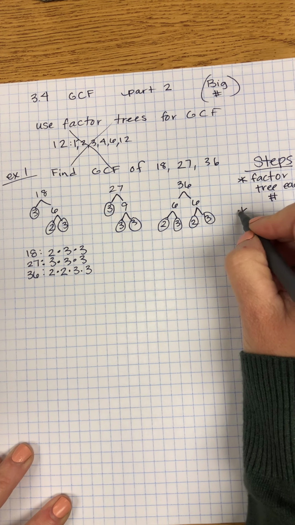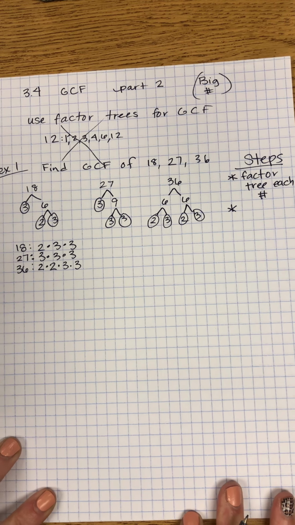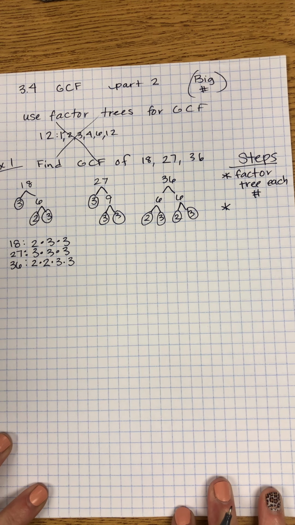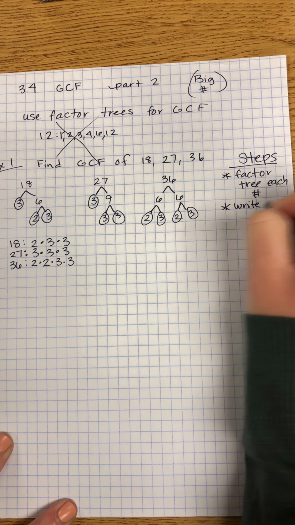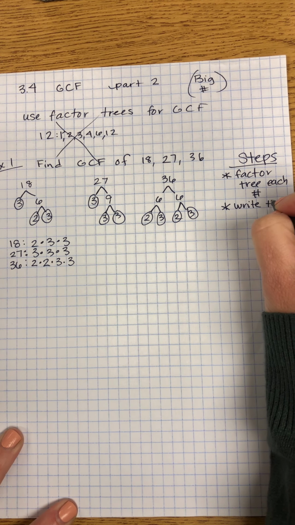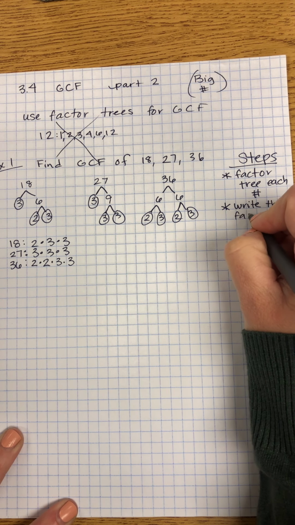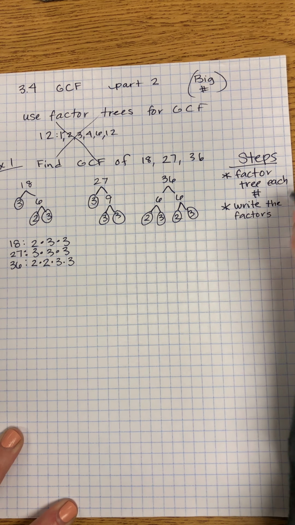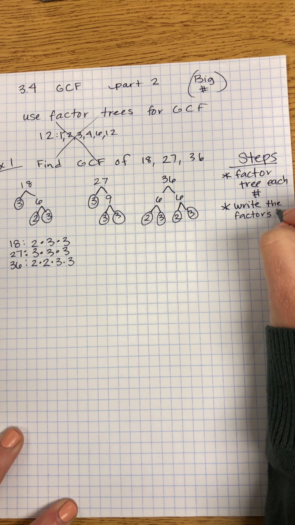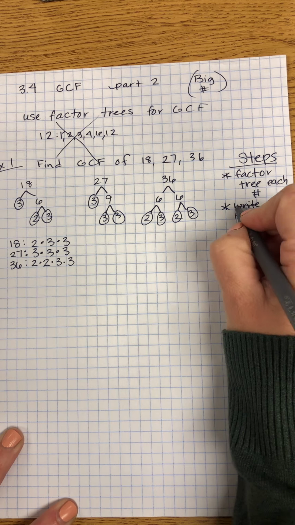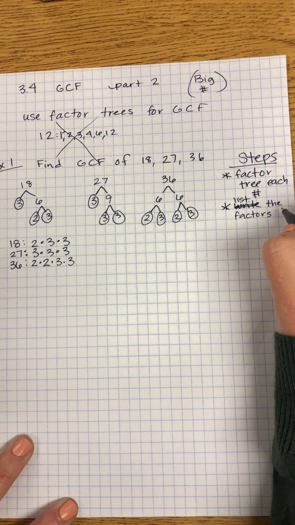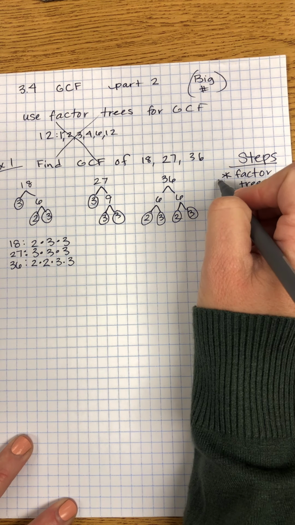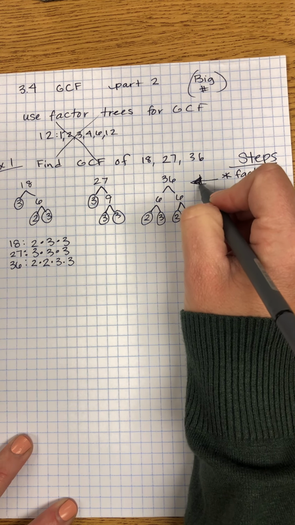Then, after we factor tree each number, we're going to list the factors. So step 1 is here.